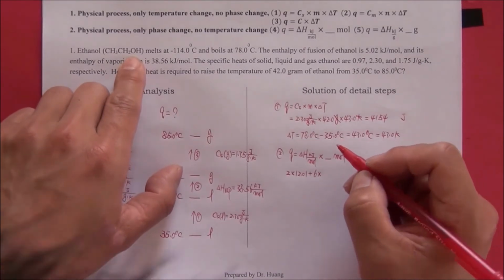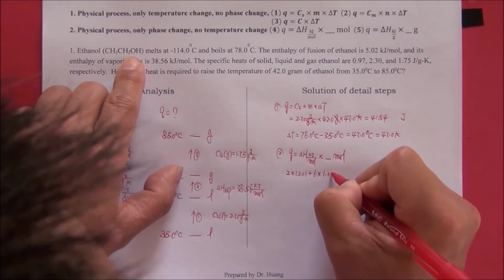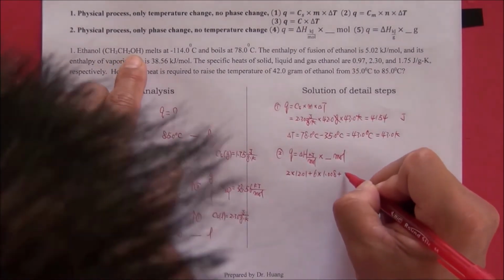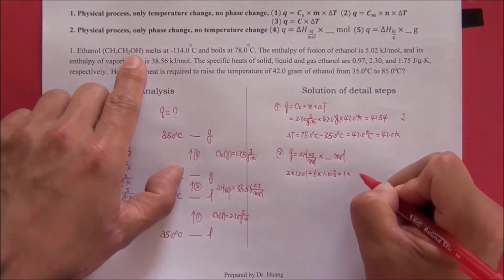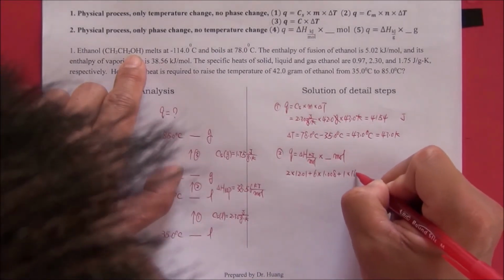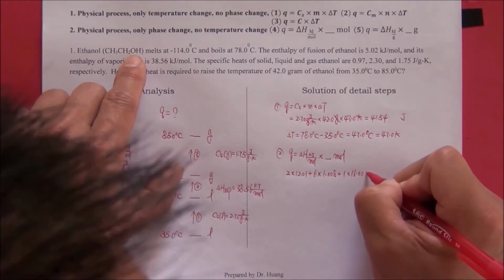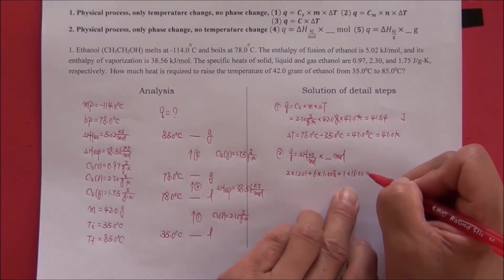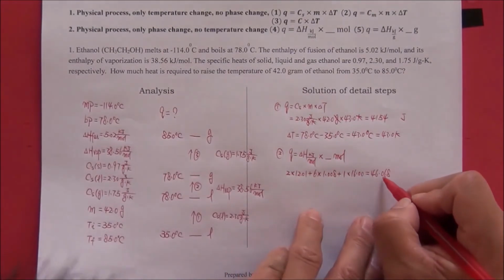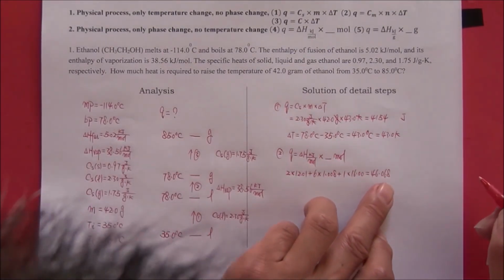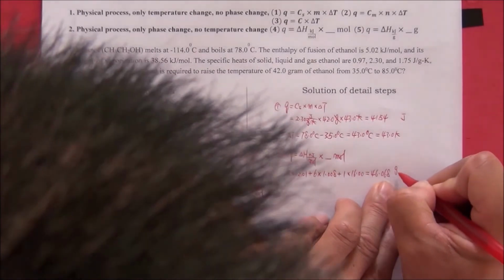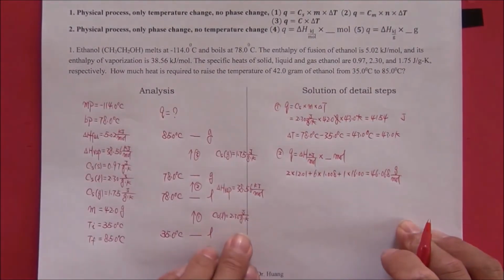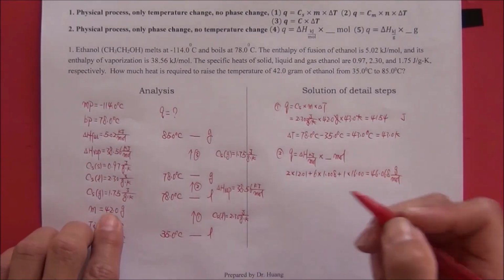We have 6 moles of hydrogen, and for every mole of hydrogen, it is 1.008. We have 1 mole of oxygen. For every mole of oxygen, it's 16.00. If we punch all numbers into a calculator, we get 46.068. Remember, the unit of the molar mass is gram per mole.